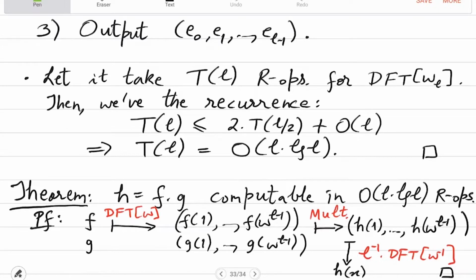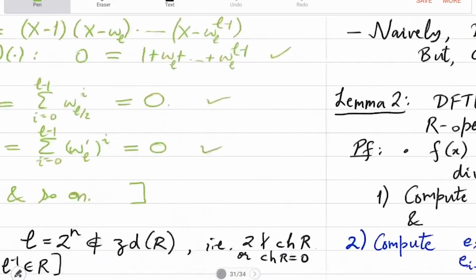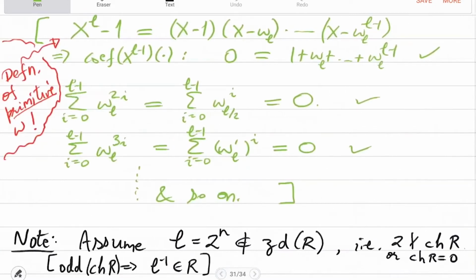Any questions? So one point here was to do with the definition of primitive root. What is a primitive Lth root of unity? Remember that what we need from omega are these equations, that sigma omega to the i should vanish and so on.